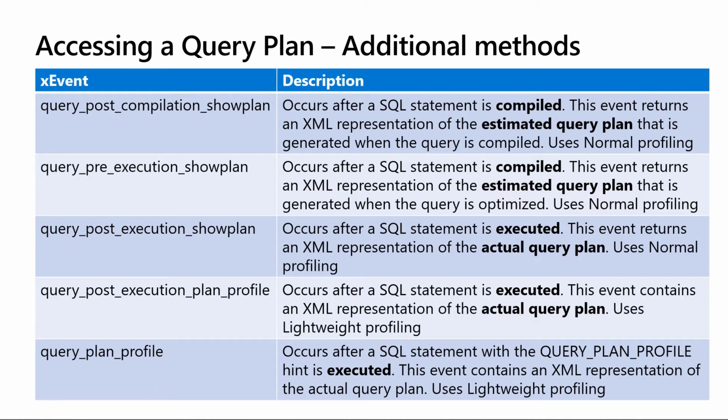You see there are different text events that will return basically the query plan with slight differences in the amount of information that it retrieves. It is very similar to the several T-SQL commands that we've just seen.